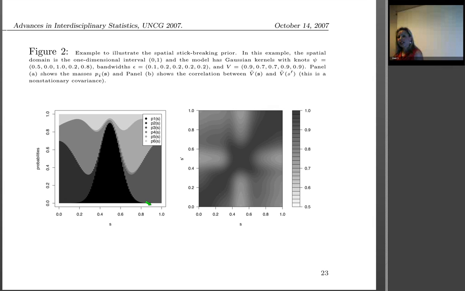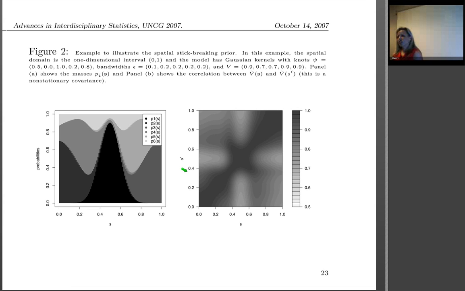So in the next graph, what we have is just the correlation between any 2 locations of interest. If this was stationary, the correlation that you would observe would be a set of parallel lines along the diagonal, which is not the case here.